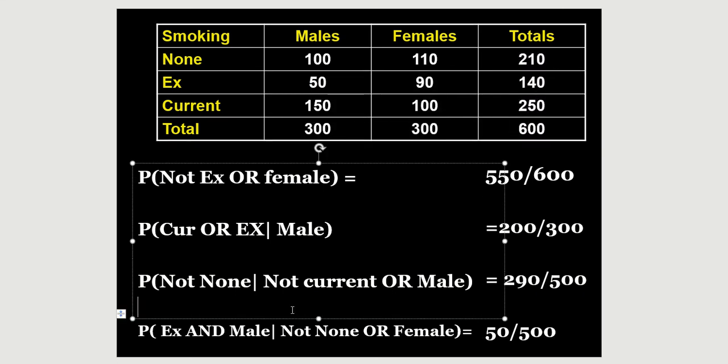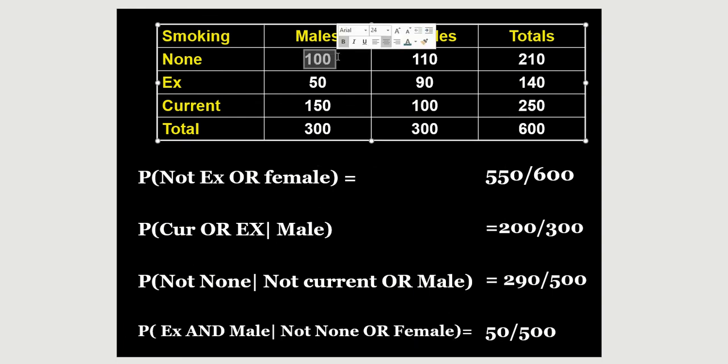The last one also has a condition, so let's start with the condition. The condition says take all the females or the not none. So anybody who is a male and none is out. So male none is out, and therefore I'm going to delete the total so that I do not make a calculation mistake.